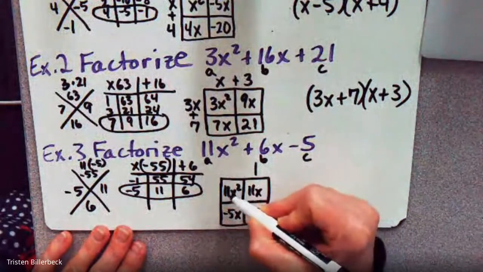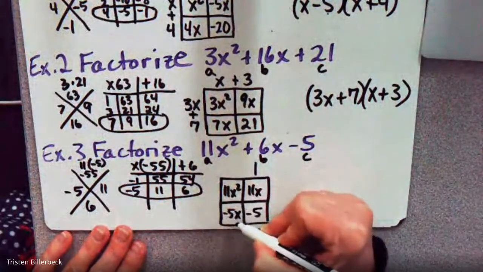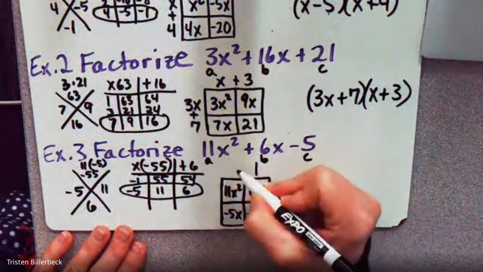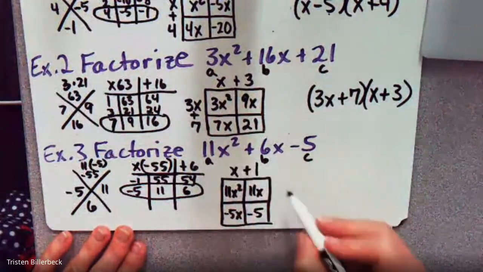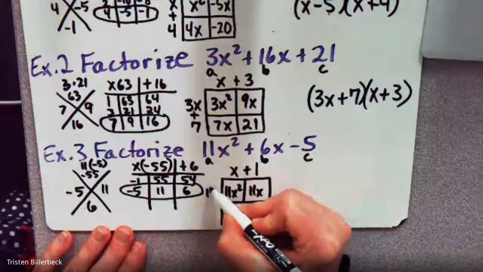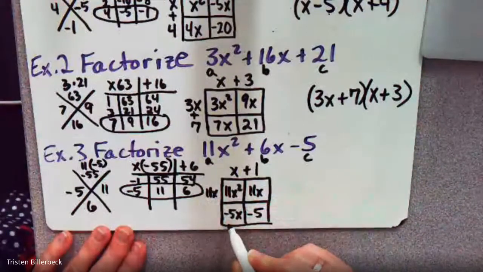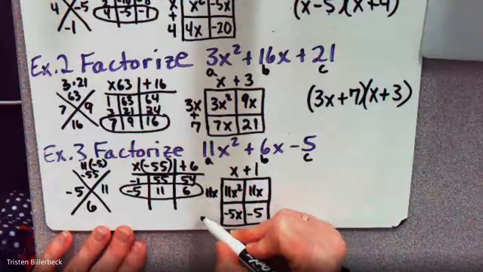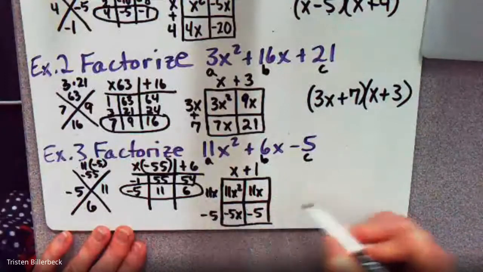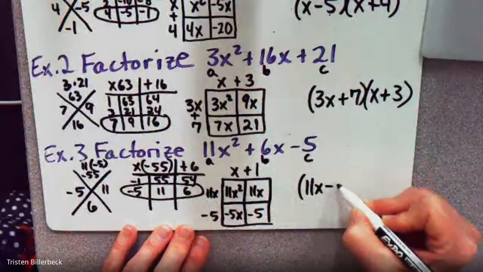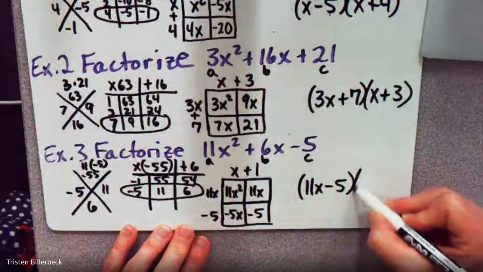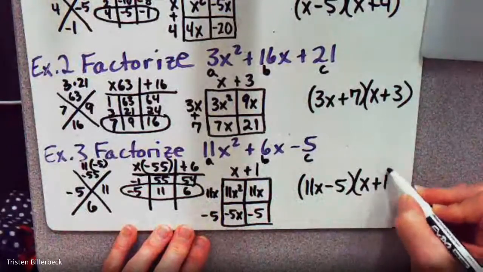Okay, and then we have 11x squared and -5x. So that'll just be x. So we have x plus 1 up here. Now this one we see we have 11x, and this we have -5x and -5, so we have -5. So this one's going to factor as 11x minus 5 times x plus 1.